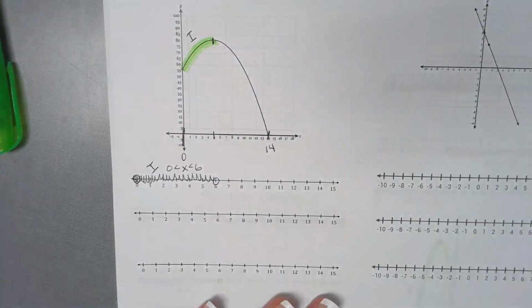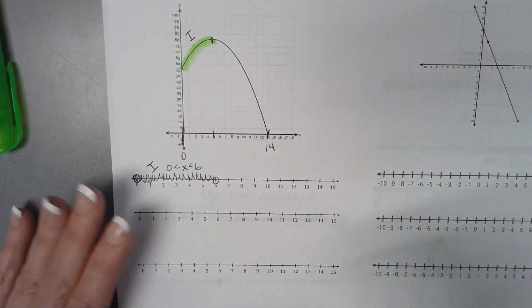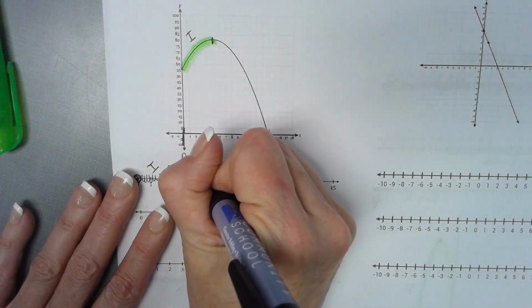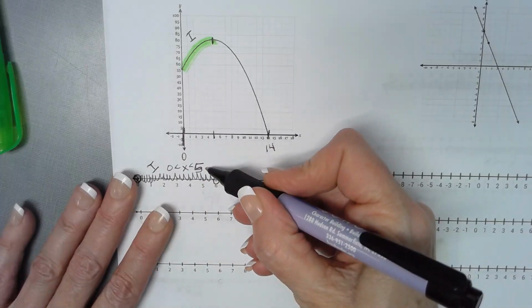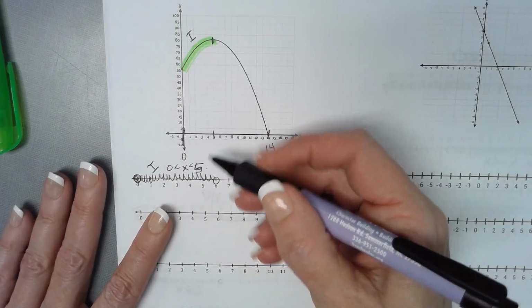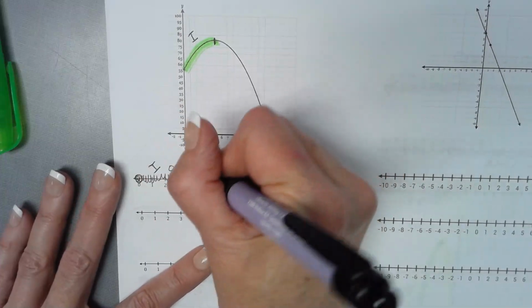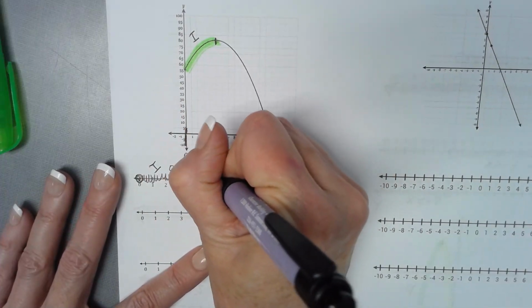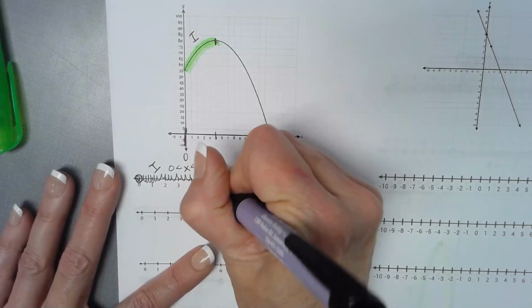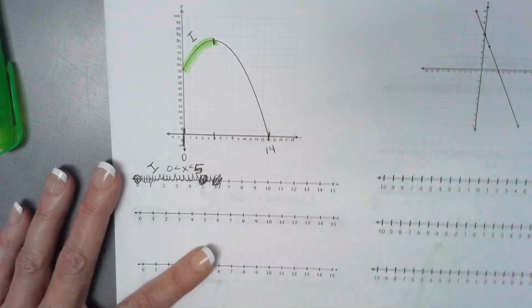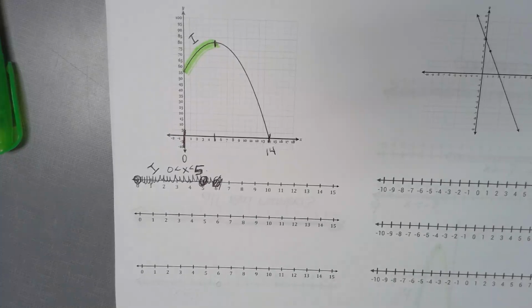Wait, why wouldn't that be 5? Oh, it is 5. That's been a 5 the whole time. I got so excited I grabbed a 6. I should have grabbed the 5.